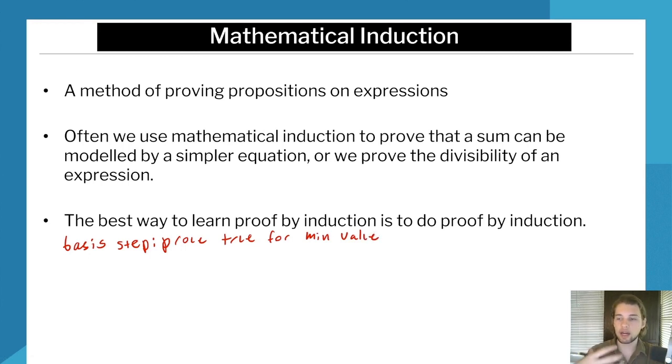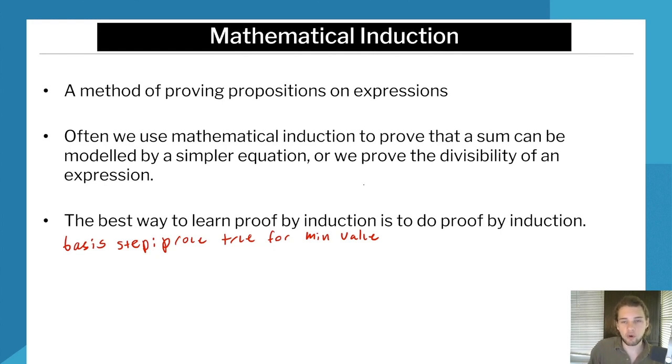Mathematical induction is done on a type of set that we call a well-ordered set. A set is just a group of expressions, numbers, a group of anything, where each thing is a unique value. So in a set, you can't have two twos. Now, a well-ordered set is a set where there is a true minimum value.